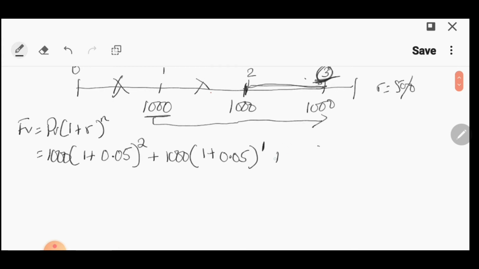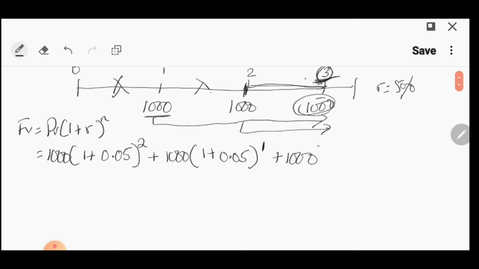Now moving ahead to the last cash flow. If you look at the last cash flow, it is at the end of the third year, and you want to know your future value at the end of the third year. So it's like just depositing 1000 rupees and then checking your bank account balance.